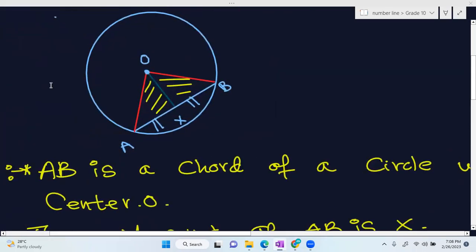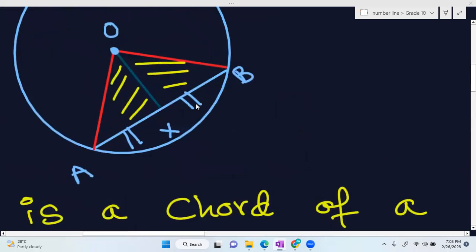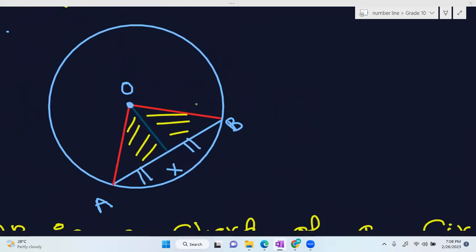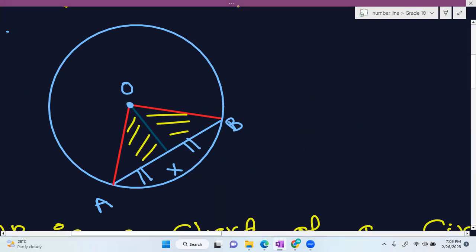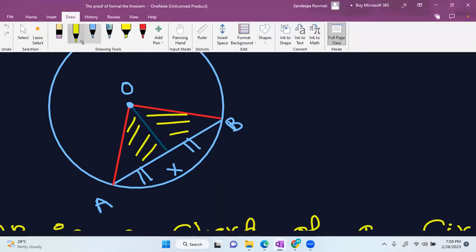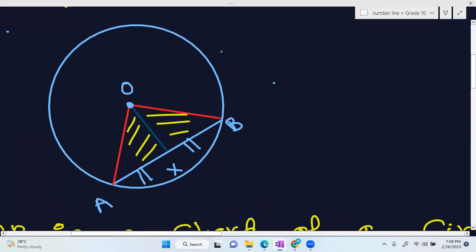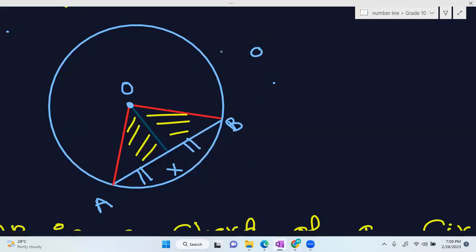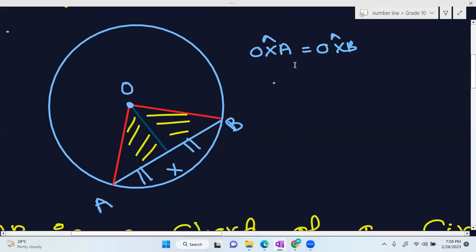Now we have proved that these two triangles are congruent to each other. When two triangles are congruent, their corresponding elements are equal to each other. Then here I will write angle OXA equals angle OXB. What is the reason?